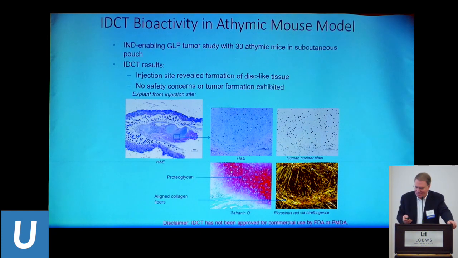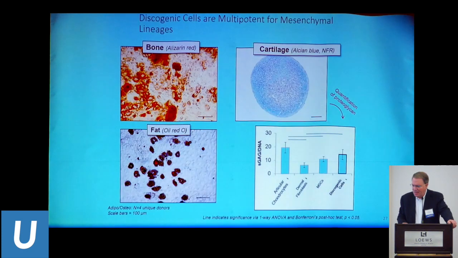So an interesting side finding in our study that was really to look at whether or not these cells had tumor-forming potential in vivo. These are what are called oligopotent cells. So they're multipotent, but they're not pluripotent. They can be driven to certain other tissues. We can derive bone using certain conditions in our culture media. We can derive cartilage.